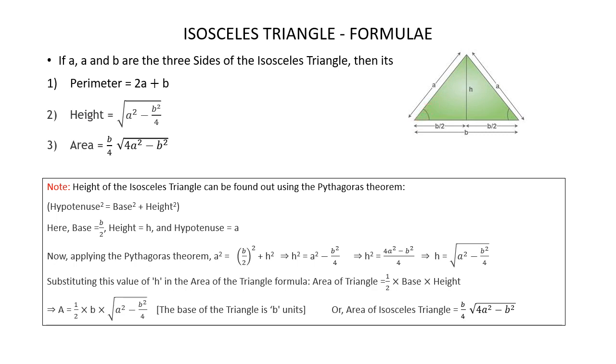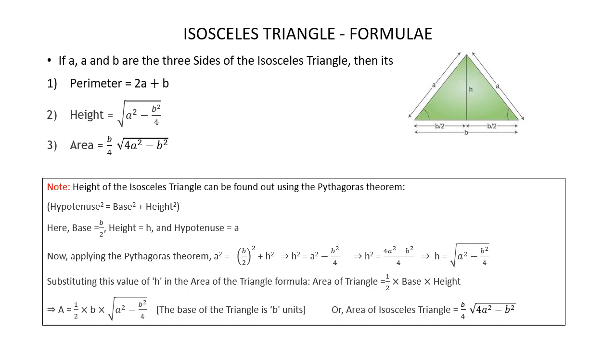Now applying the Pythagoras theorem, we have a squared is equal to (b by 2) the whole squared plus h squared. (b by 2) the whole squared is nothing but b squared divided by 4. Now when we shift b squared by 4 to the left hand side of the equation, we get h squared is equal to a squared minus b squared by 4.